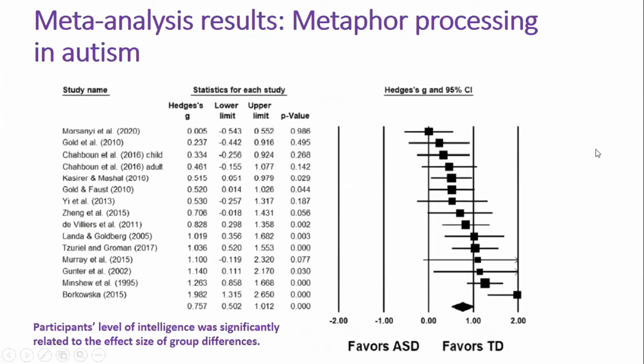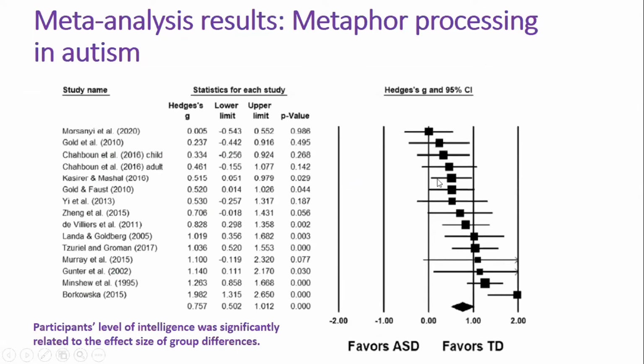And these are the results of the meta-analysis. So again, in the middle, you can see this is 0, and there's quite a wide range of effect sizes. So again, you see some studies which found no difference between the two groups.